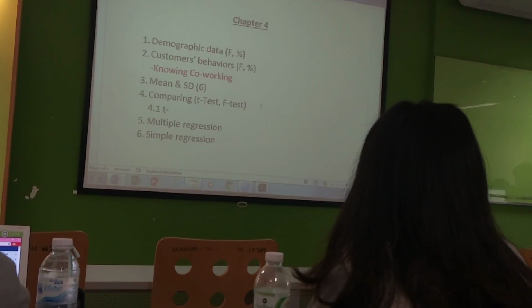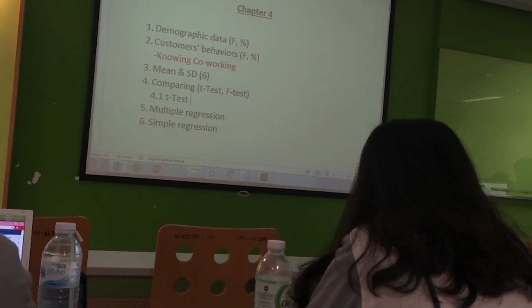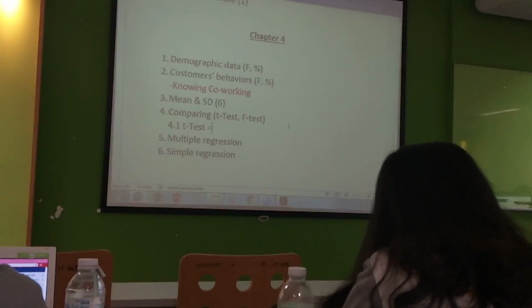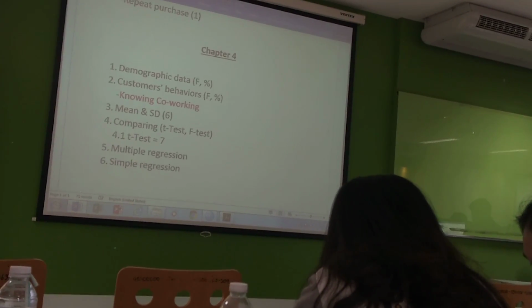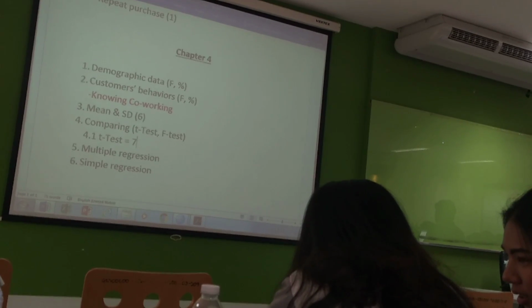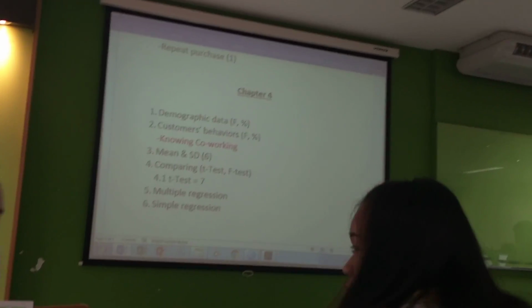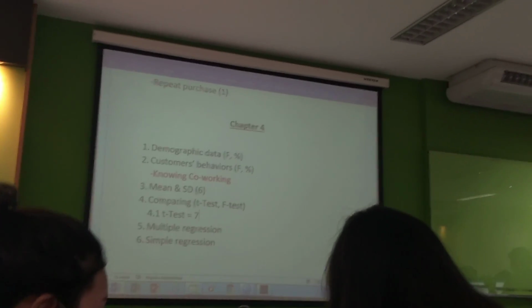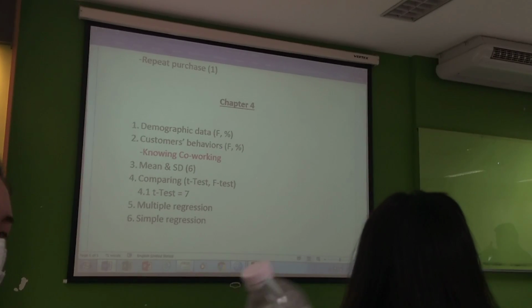How many times have you run t-test? You need to run t-test 7 times. Why? 5 plus overall satisfaction and plus repeat purchase. So you need to run t-test for this group 7 times.